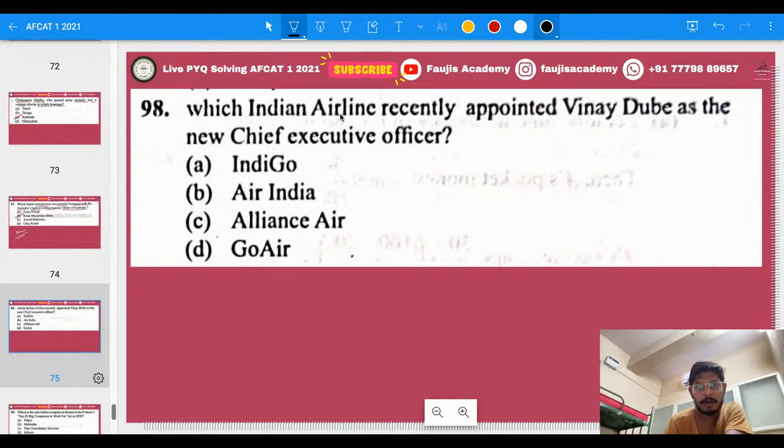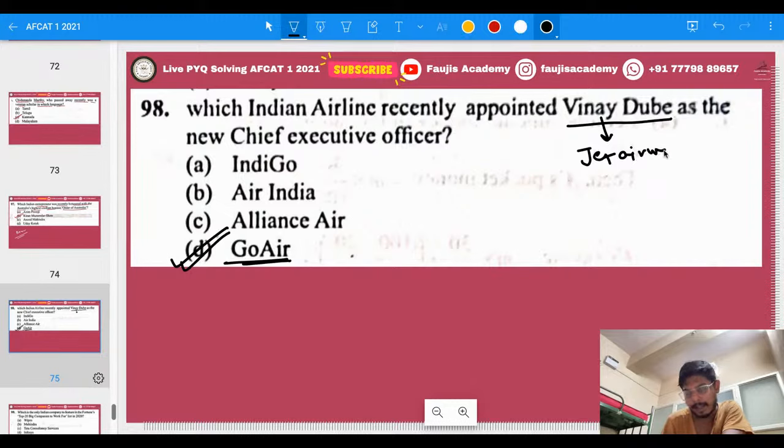Which Indian airline recently appointed Vinay Dubey as the new chief executive officer? This is also a then current affairs question. At that point of time, Go Air appointed him as the chief executive officer, and he was also the chief executive officer of Jet Airways as well.